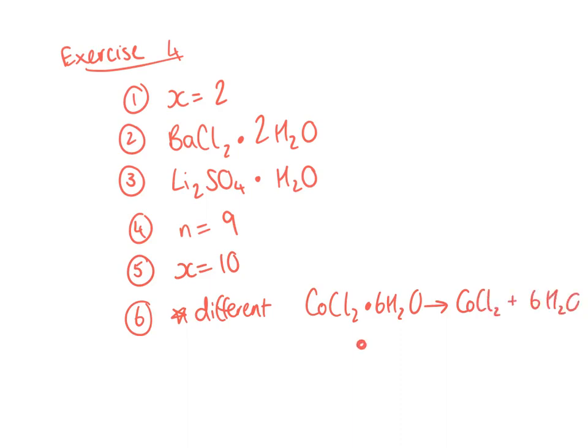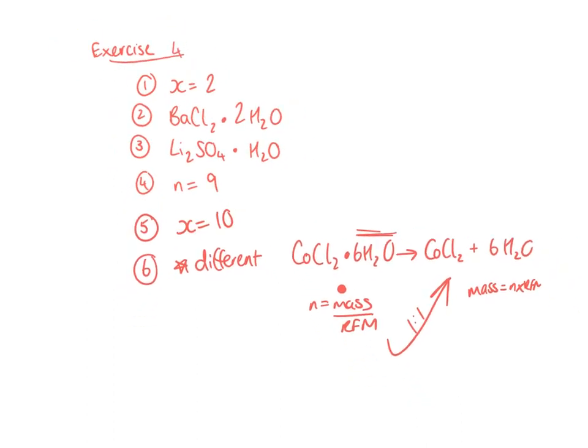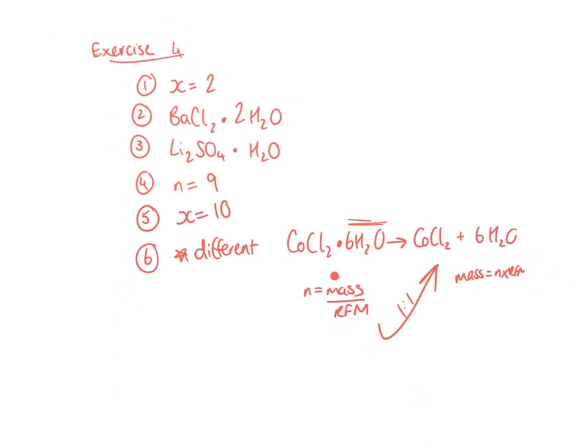So if you work out the number of moles of your hydrated salt by doing N equals mass over RFM, because you're given the mass and you can calculate the RFM because you know that there's 6 waters, and then you bring that over here, it's in a 1 to 1 ratio, and then you can use mass equals N times RFM of your anhydrous salt to get the mass of it. So that is slightly different for number 6. Number 7, then the final question in this exercise, X is equal to 10.